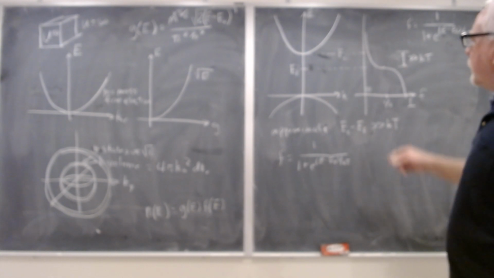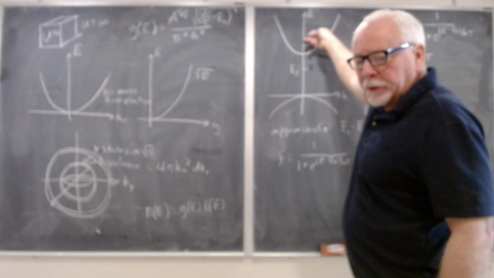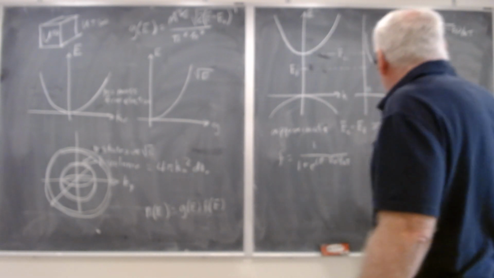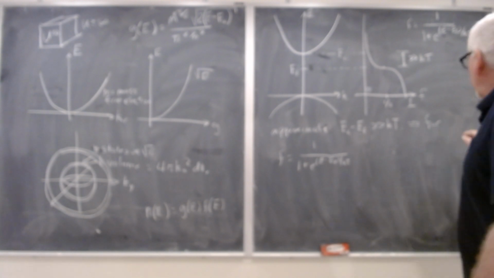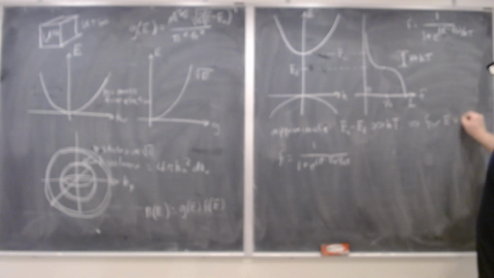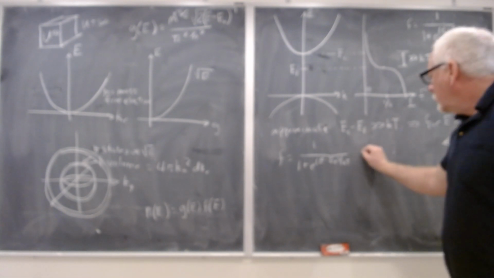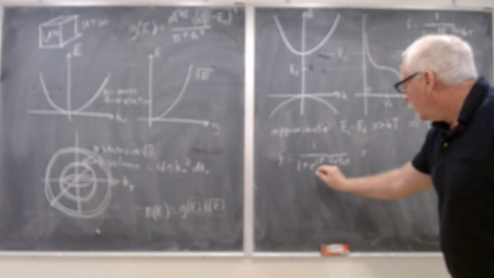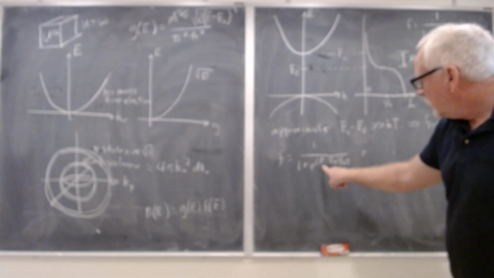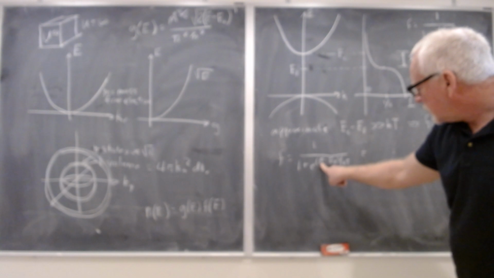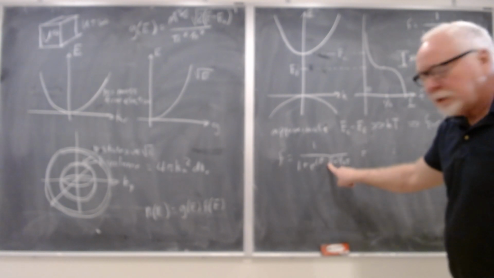Now remember, we're only interested in energies higher than the conduction band energy. So this means that for E greater than EC, this term is much bigger than 1. If I put in E sub C there, E sub C minus EF, if that's much bigger than kT, that's e to a big number.